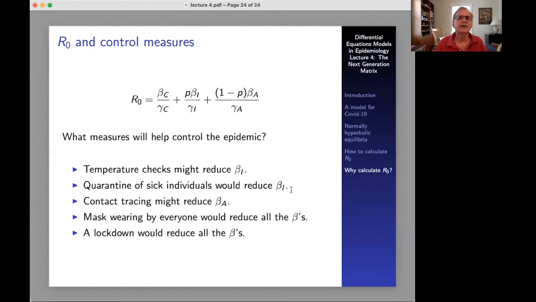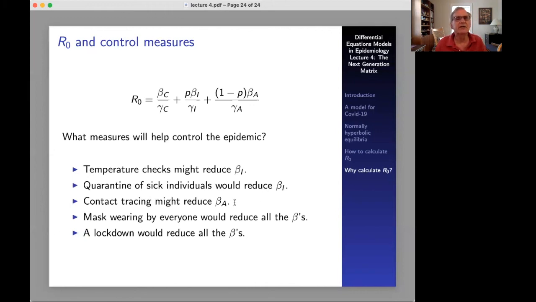What about contact tracing? The nice thing about contact tracing is, you know somebody's sick, you look at all the people he's been in contact with, and you might find some of them before they develop full-blown infected COVID. You might find some of them who never develop full-blown infected COVID because they become asymptomatic. Contact tracing takes time.